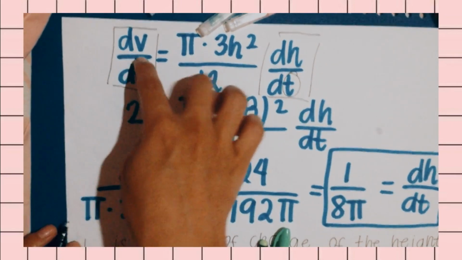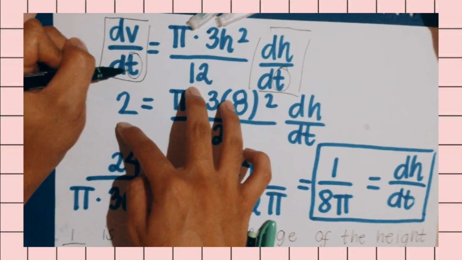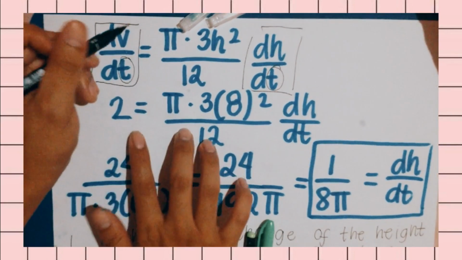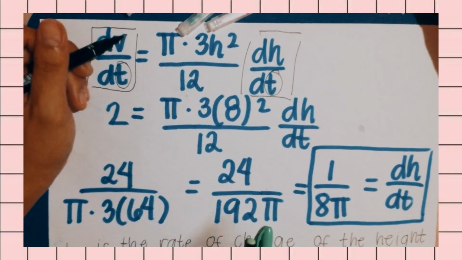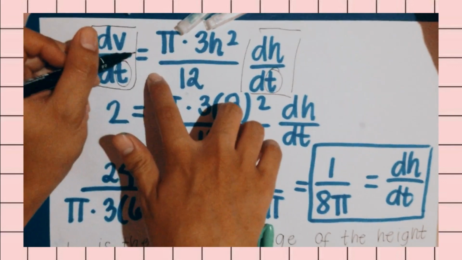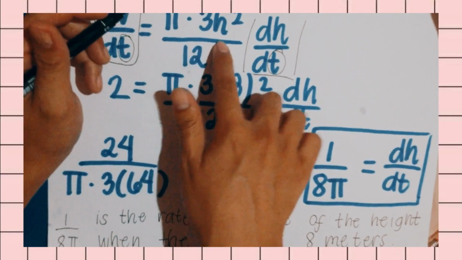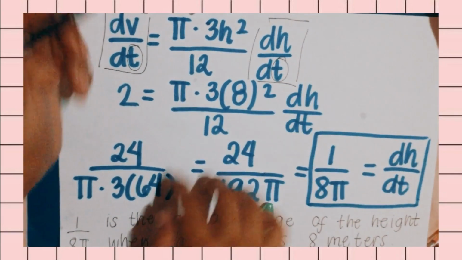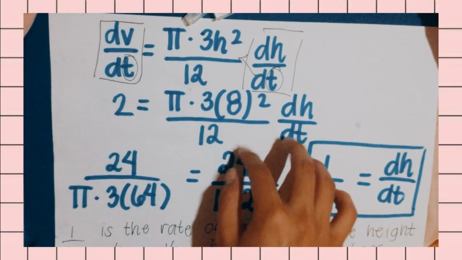Now, the rate of change of the volume with respect to time, or dV over dt, is 2. So let us now substitute the given values. dV over dt is equal to pi times 3h squared over 12 times dh over dt, with respect to time.